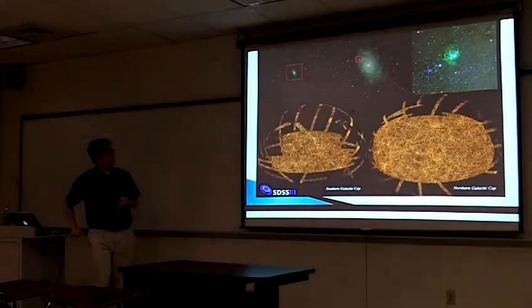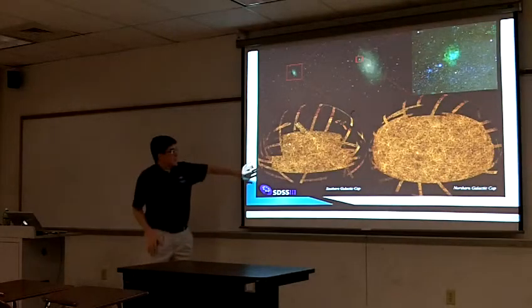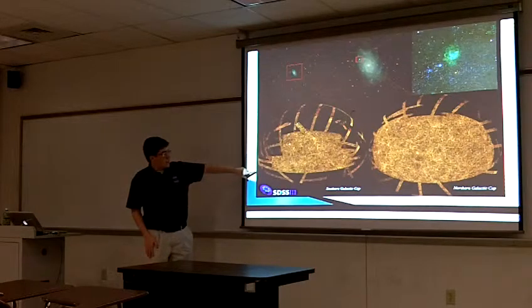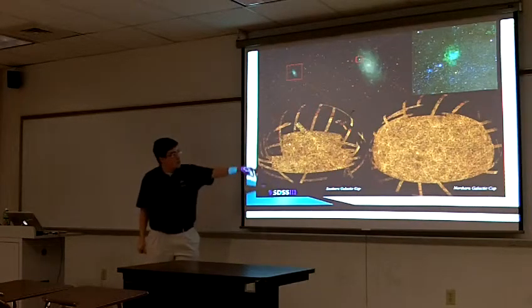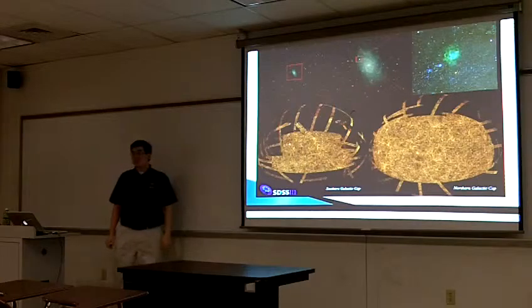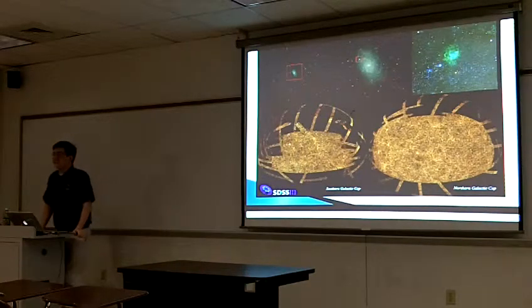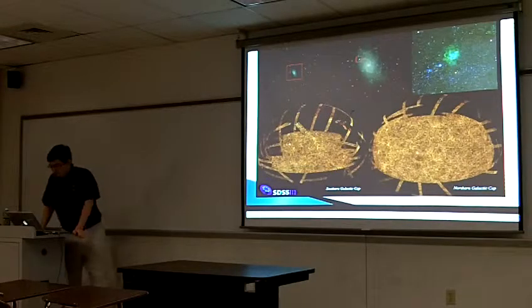So just like I promised, here's a picture. This is the southern galactic cap, so the southern sky, and then northern there on the right. You can see just how much of the sky this survey has been able to map through its different years.